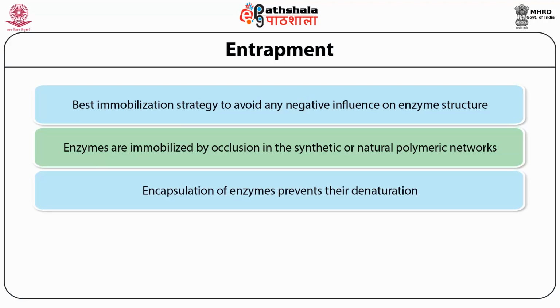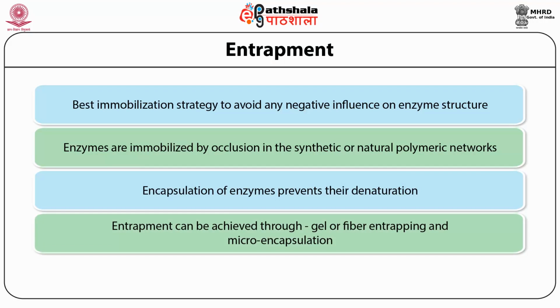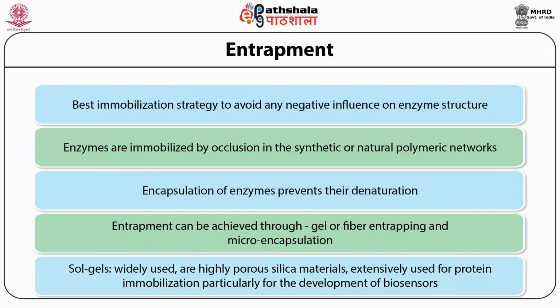Encapsulation of enzyme prevents their denaturation, and entrapment can be achieved through gel or fiber entrapment or microencapsulation. Solid gels or solution gels are widely used, and highly porous silica materials are extensively used for protein immobilization, particularly for development of biosensors.